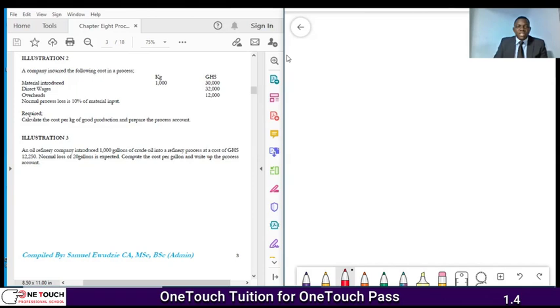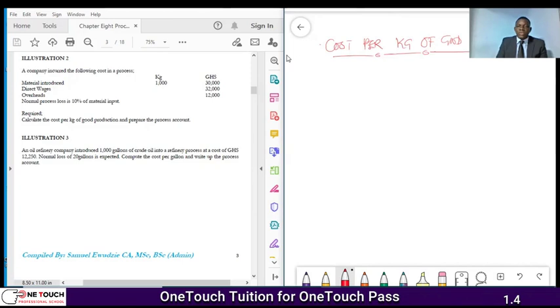The first requirement is for us to calculate the cost per kg of good production.